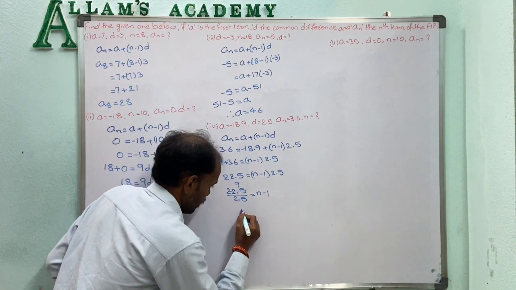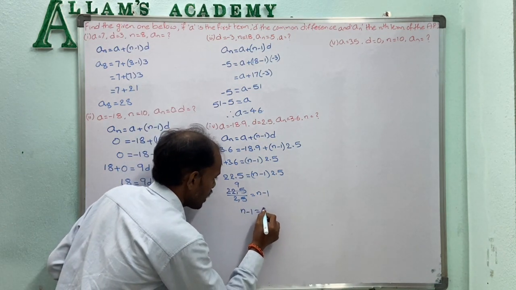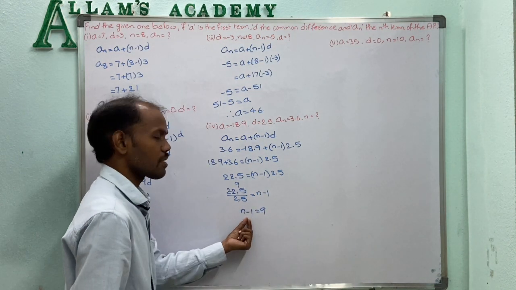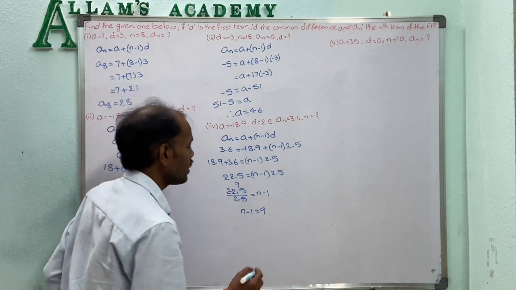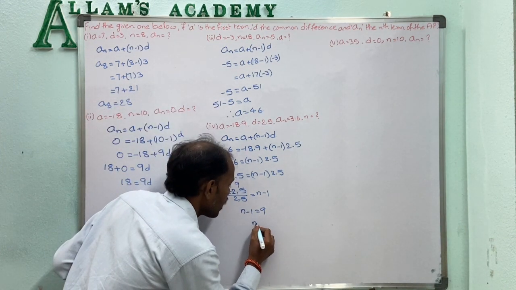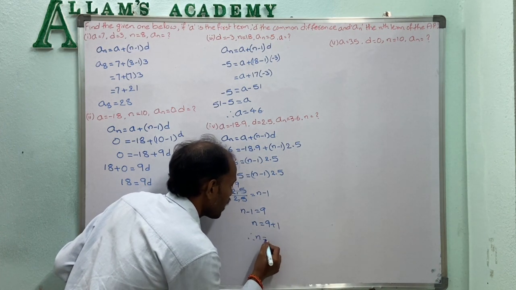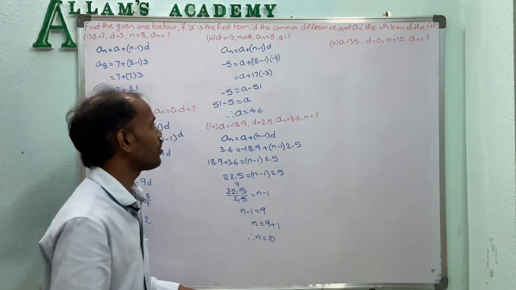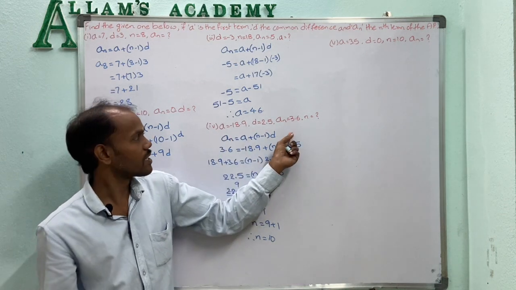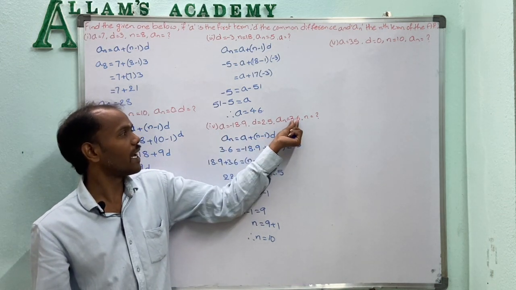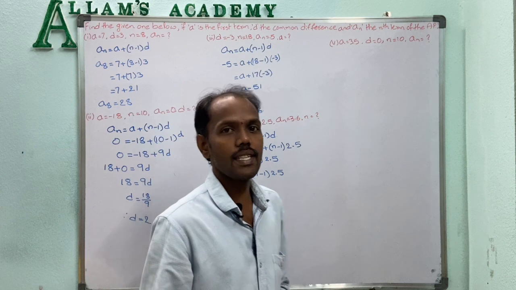So n minus 1 is equal to 9. Now this minus 1 transfers to that side as plus 1. So n equals 9 plus 1, that is 10. So the 10th term of this series, a10, equals 3.6.